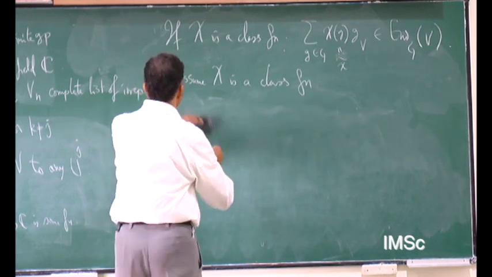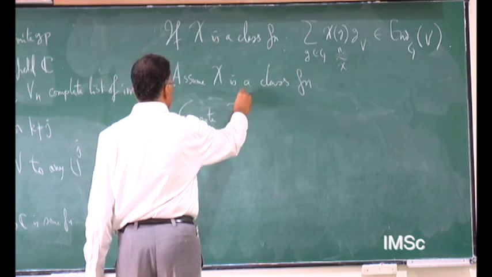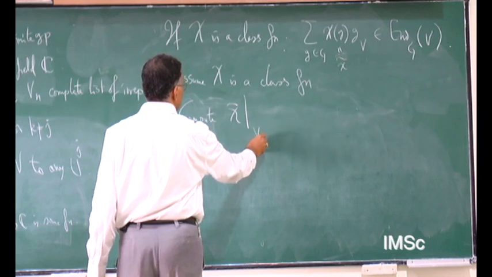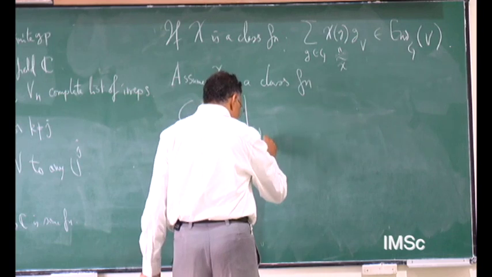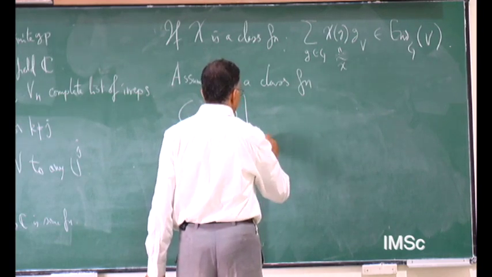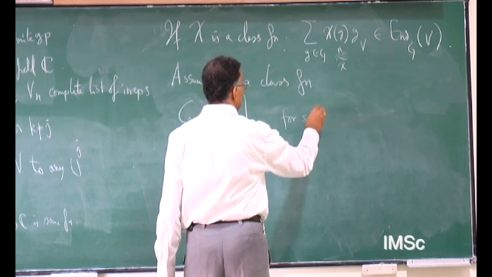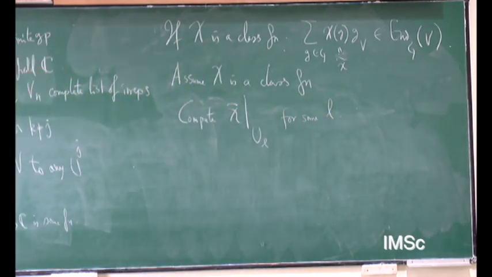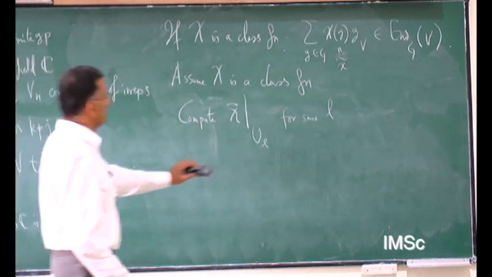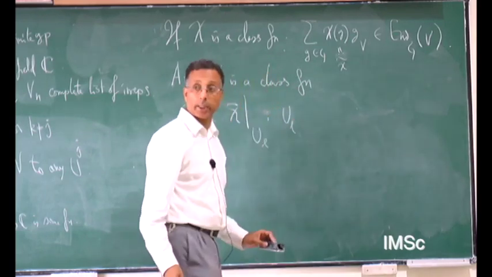Let's compute chi tilde restricted to U sub L, for some L. So this goes from U sub L, which is a copy of some irreducible representation, to itself.